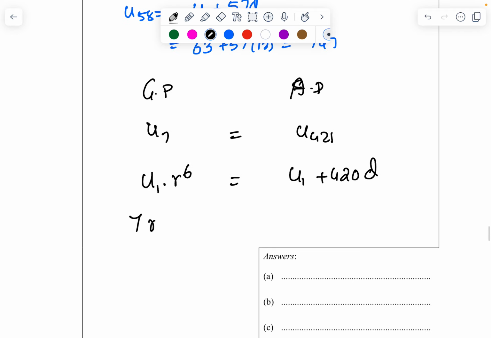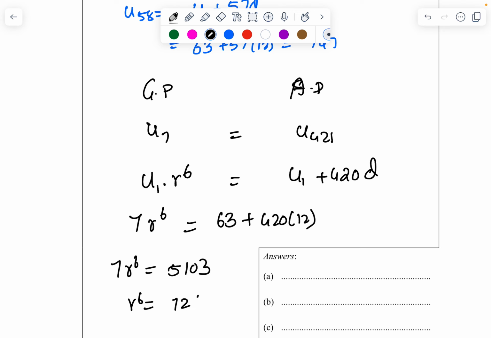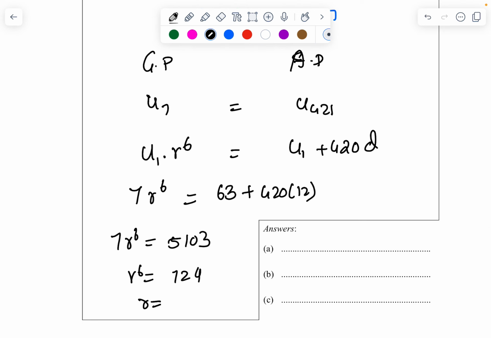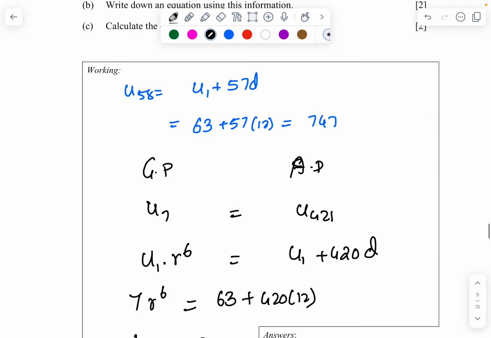So u1 is 7: 7r to the power of 6 equals 63 plus 420d, d is 12. So 7r to the power of 6 equals 5103. r to the power of 6 equals 729. r equals 3. Use the calculator. You should be getting the value of r as 3.